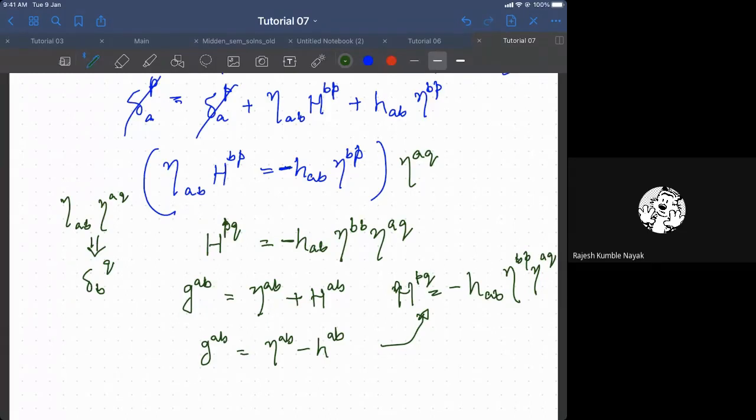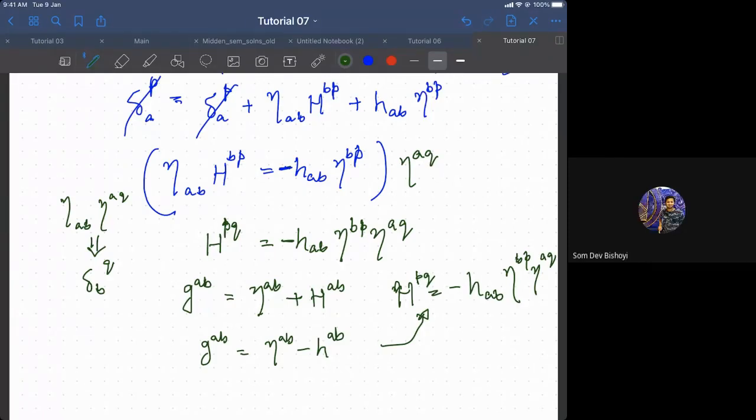So I am again and again not worried in which order I am writing it. So you are correct, but I am also correct in the sense that I am not too worried about the order of the indices, because HAB has to be symmetric, otherwise the whole thing will collapse. Is that what you are asking?